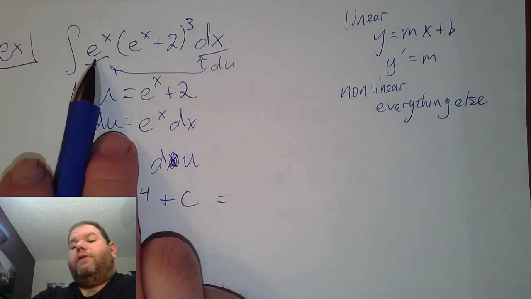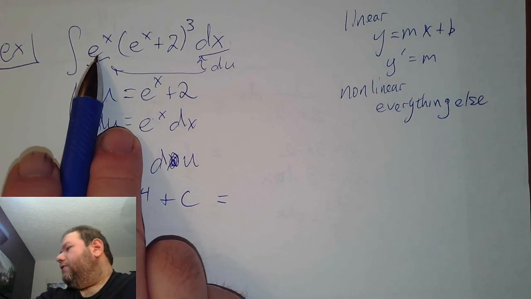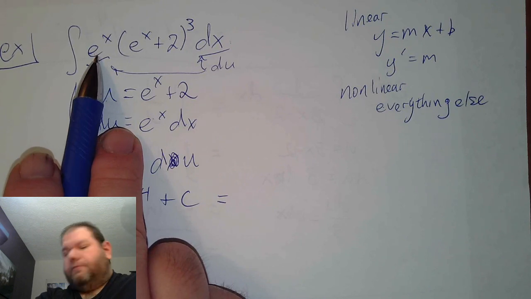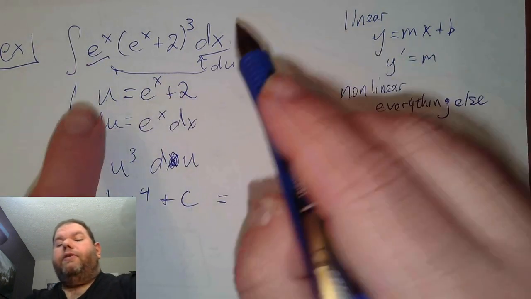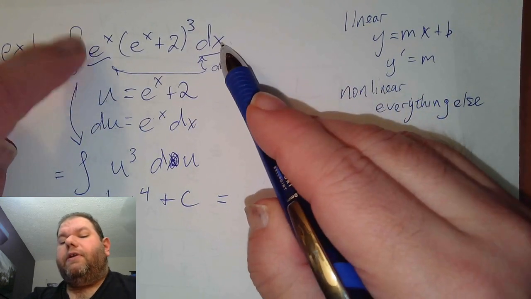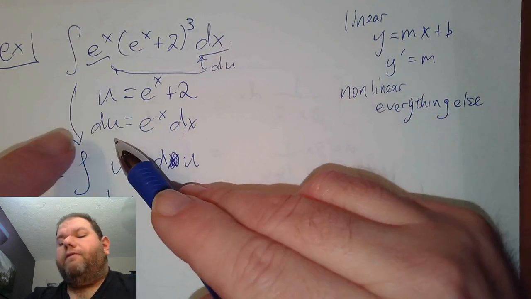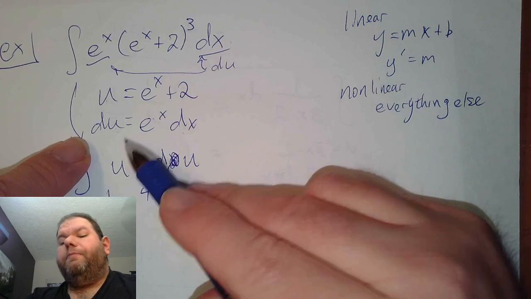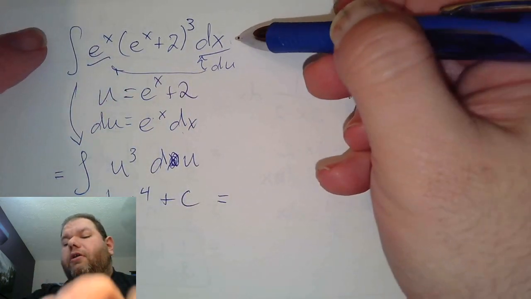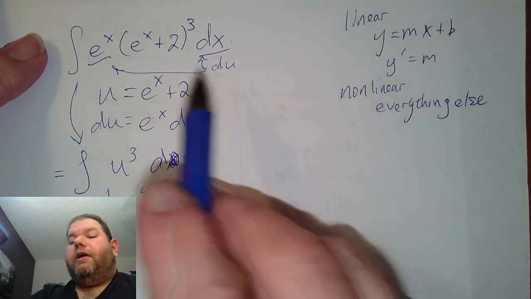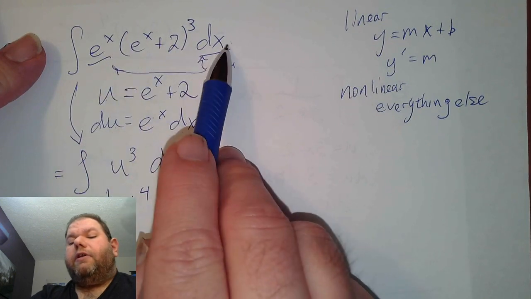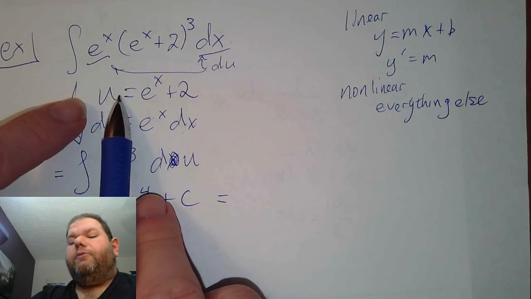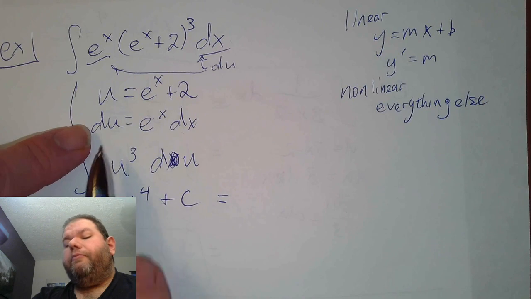What happened to this e to the x? These two terms right here, e to the x dx, are part of du. Okay? So when we take our integral expression, everything that has an x in it has to be replaced with terms that have u.